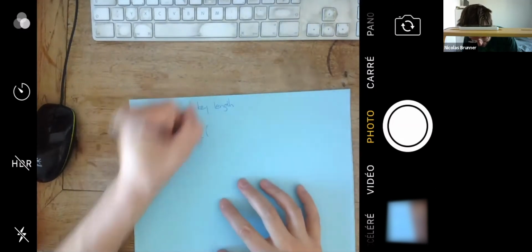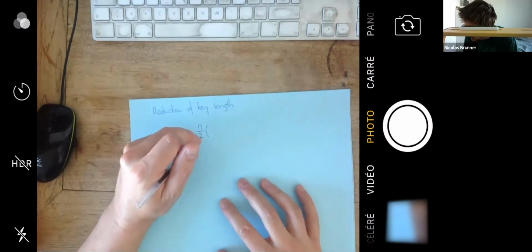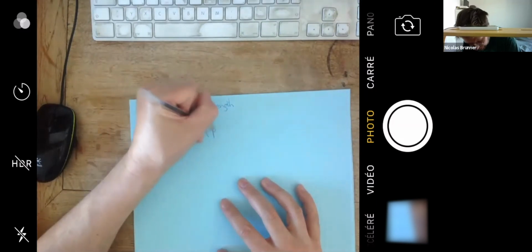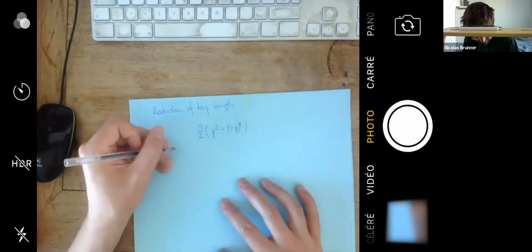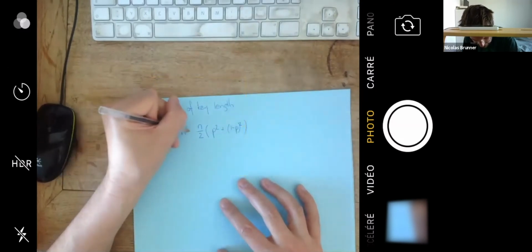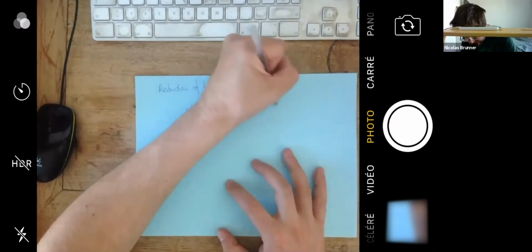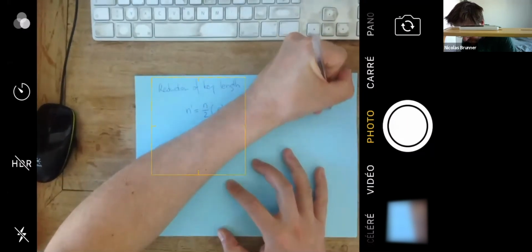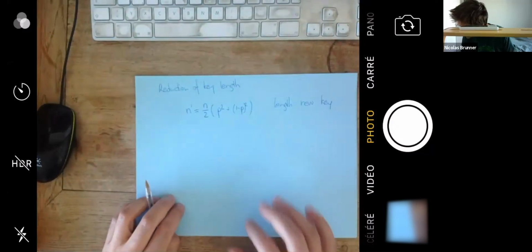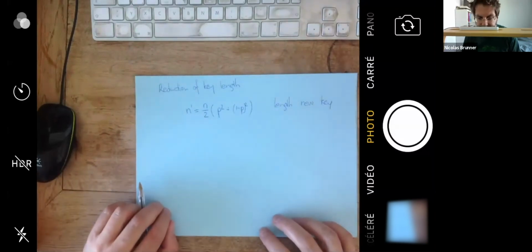And so then we generated a new bit only in case capital A was equal to capital B. And that had probability p squared plus 1 minus p squared. Let me call this n prime. This is the length of the new key after error correction. So I reduce, but I get a key of much better quality.